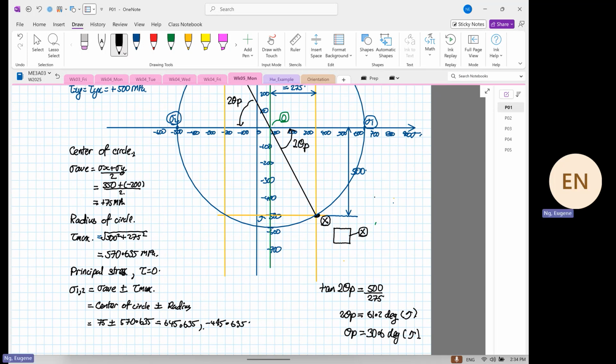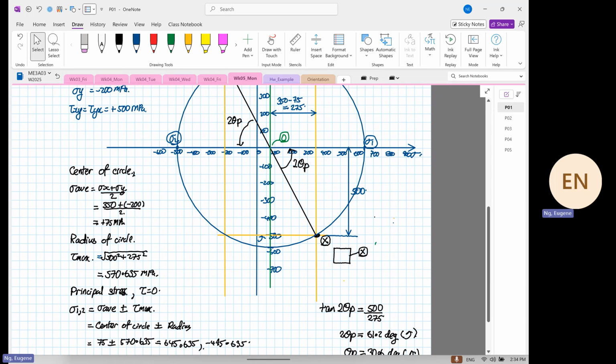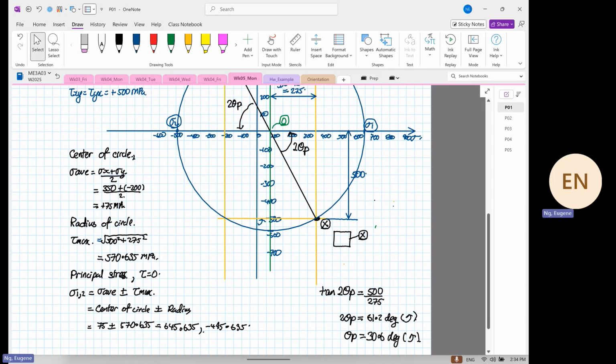So if I were to take a protractor and measure, yeah, it's about 60 degrees, or 61.2 degrees. So what it means is this: to be at this point, we have to rotate our element in the anti-clockwise direction.